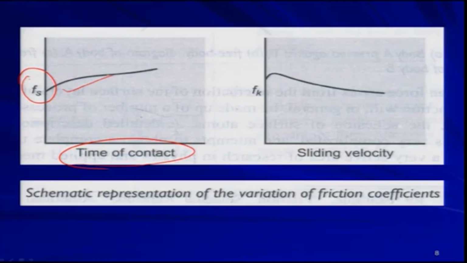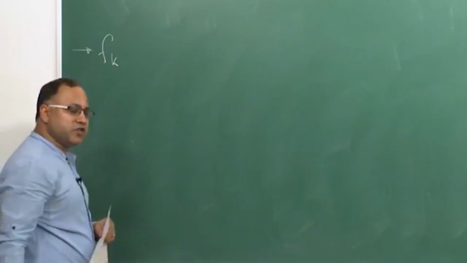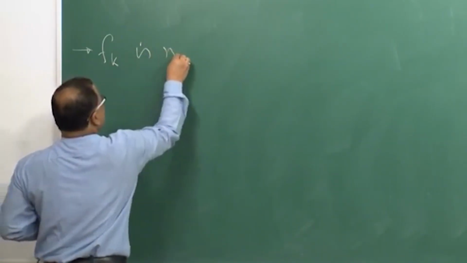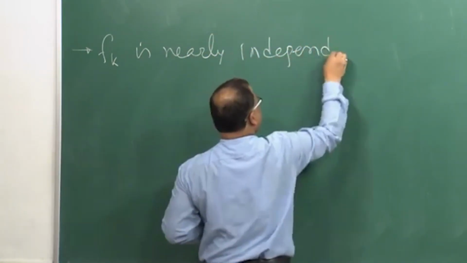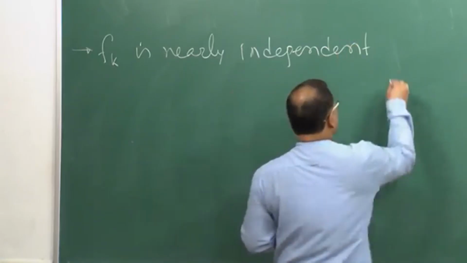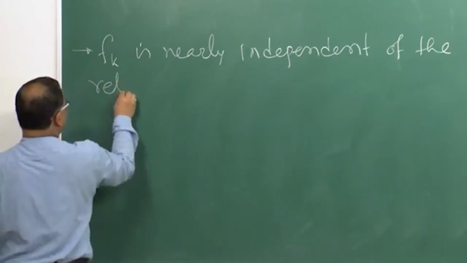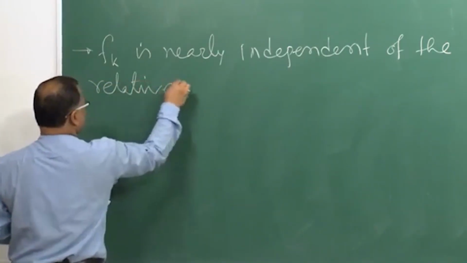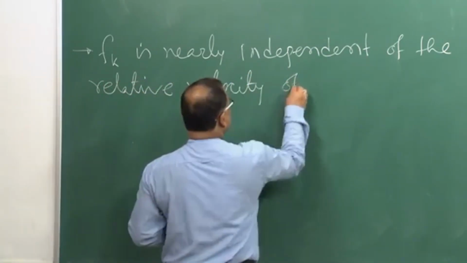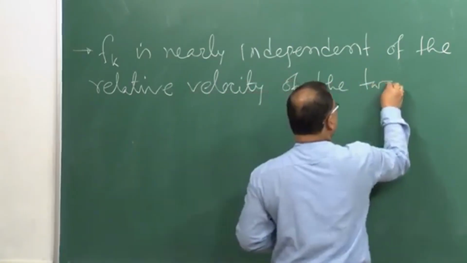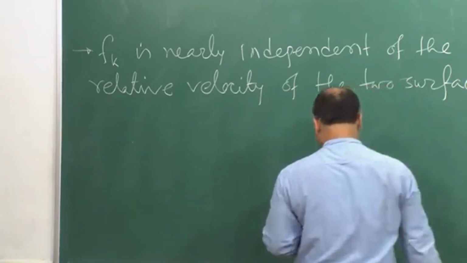Okay. Now, next point is Fk, that is kinetic coefficient of friction, is nearly independent of the relative velocity of the two surfaces.